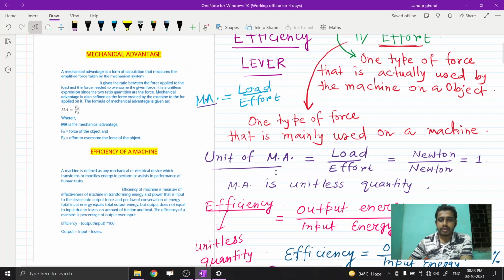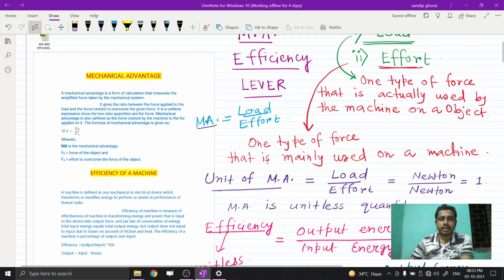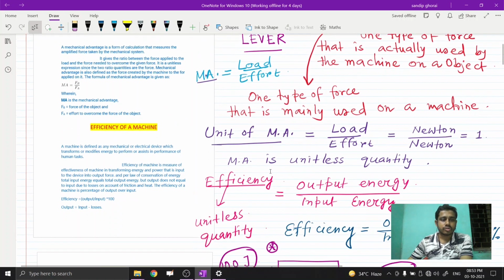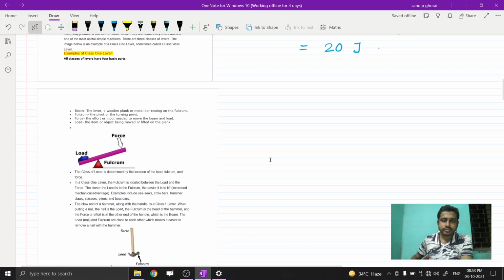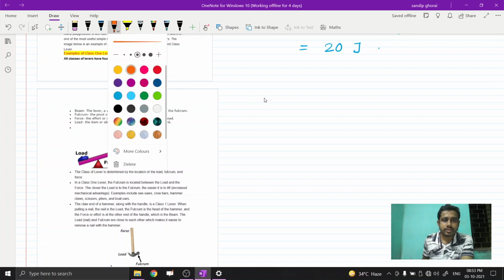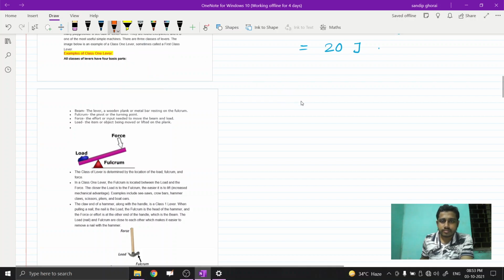How we find out actually mechanical advantage. Okay, so in this case, we take a problem like at first we take a simple machine. This is your machine. Okay.